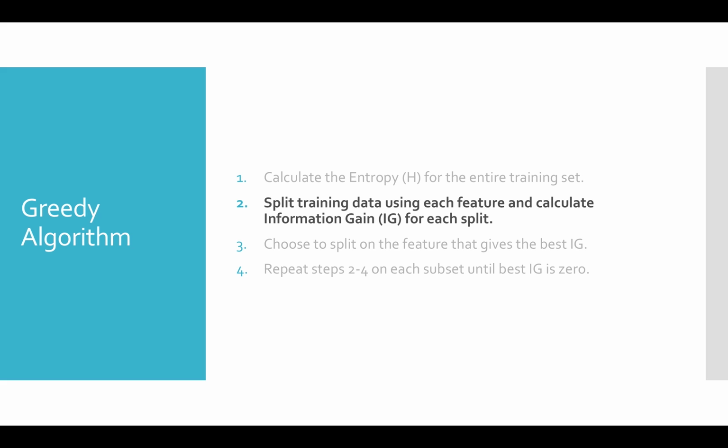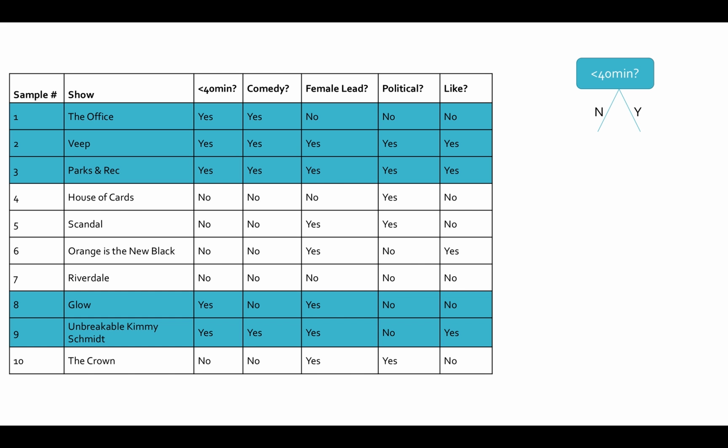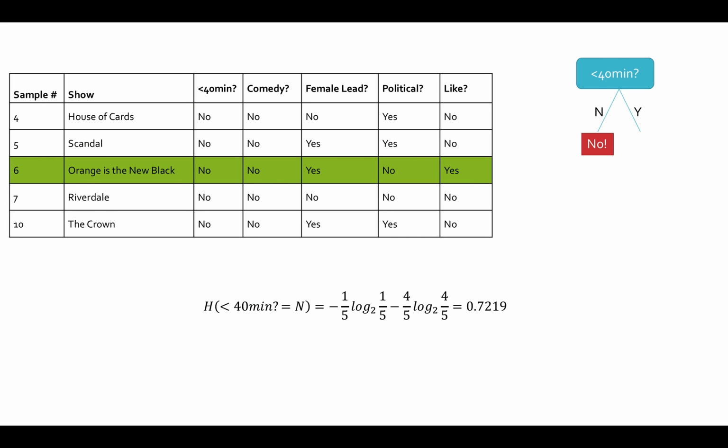Now we want to split the training data using each feature and calculate the information gain for each split. If we split on less than 40, which is going to be all of these blue samples, we see that if we look at only the samples where less than 40 is no, there's only one of those that is labeled as yes.